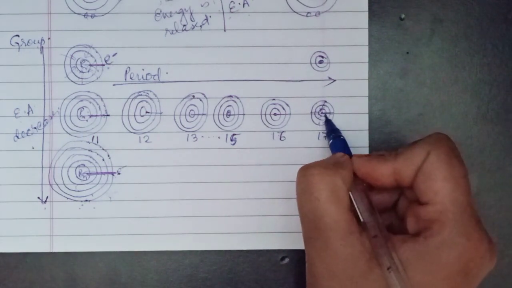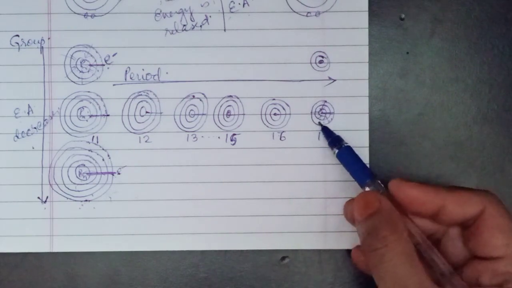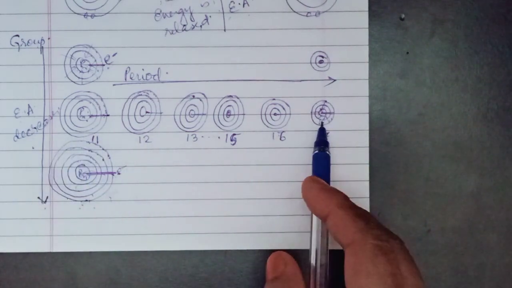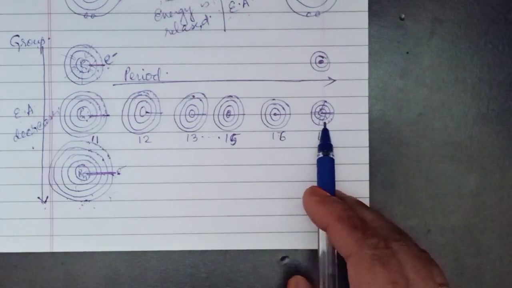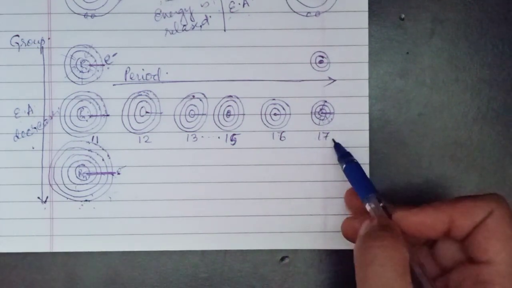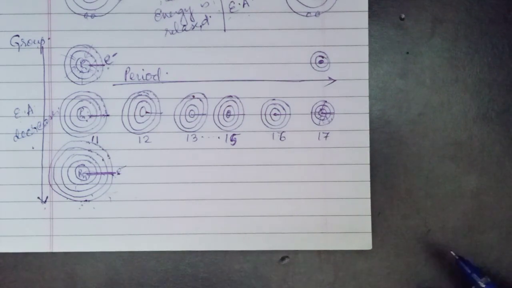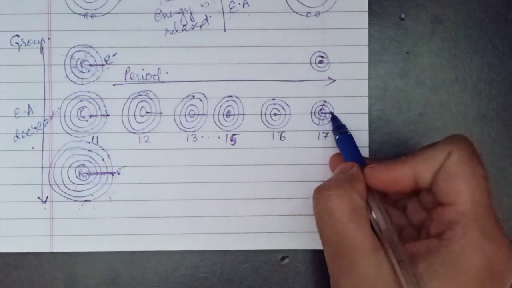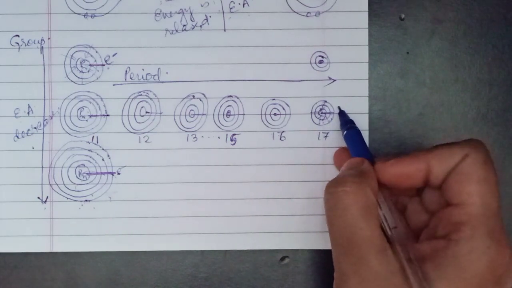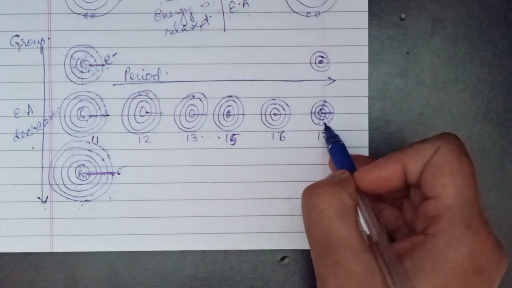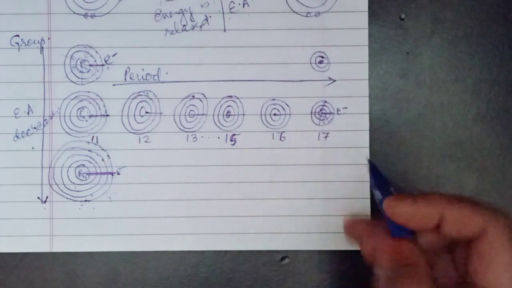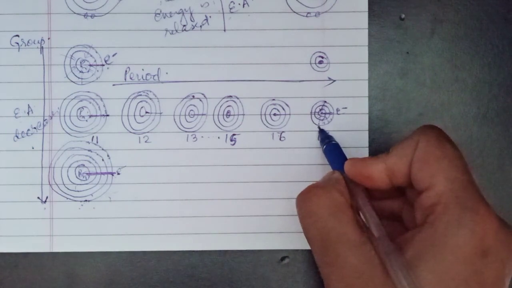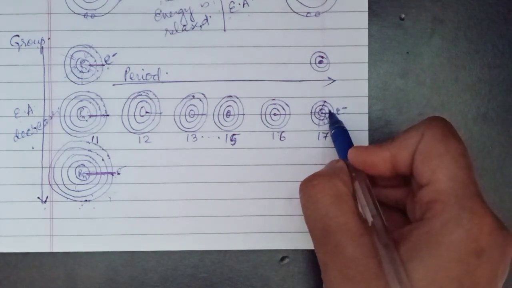So when we want to add an electron here, it will be attracted by the nucleus very easily because the nuclear pull is very strong due to the small size of the atom.